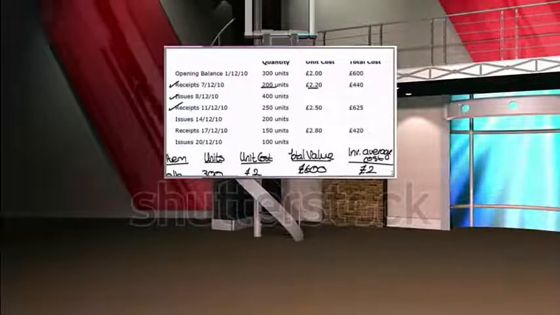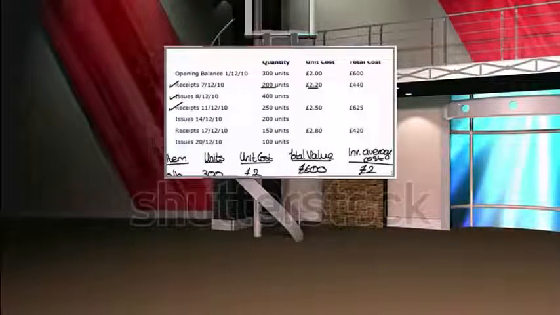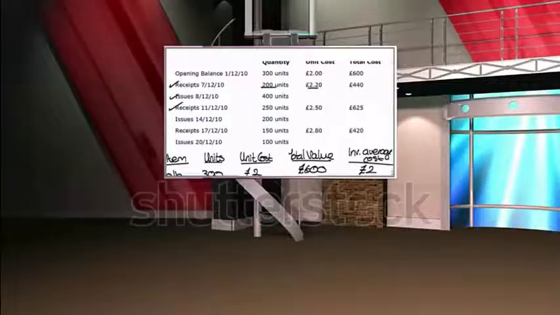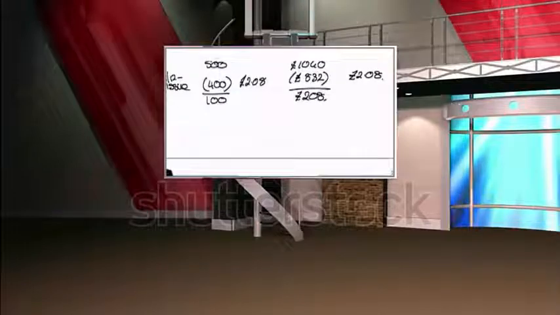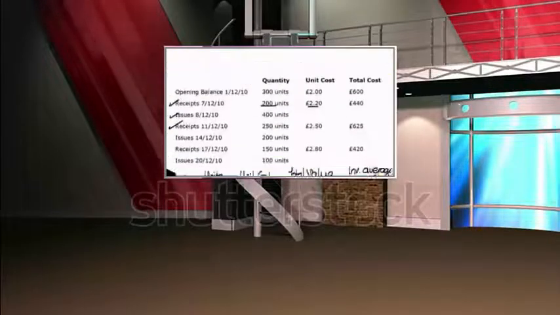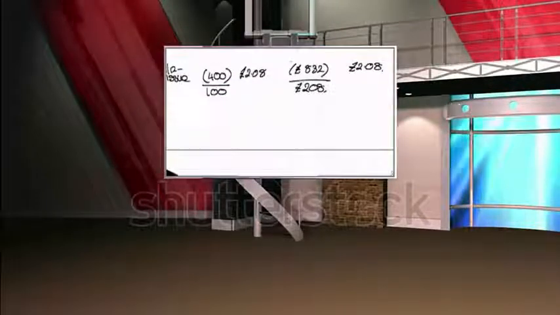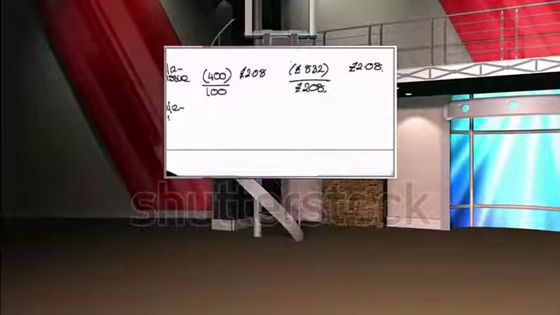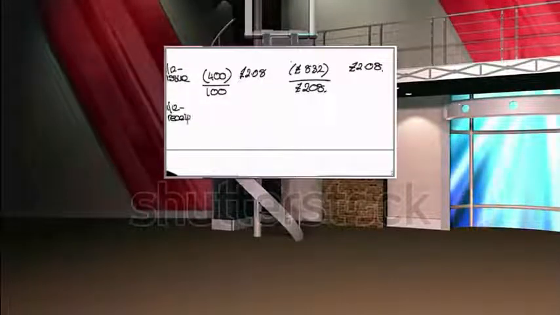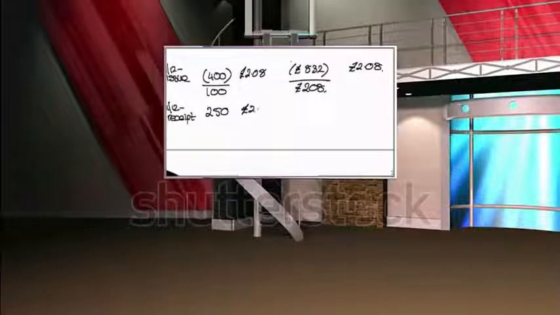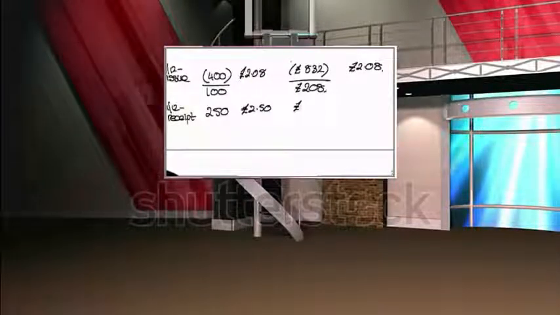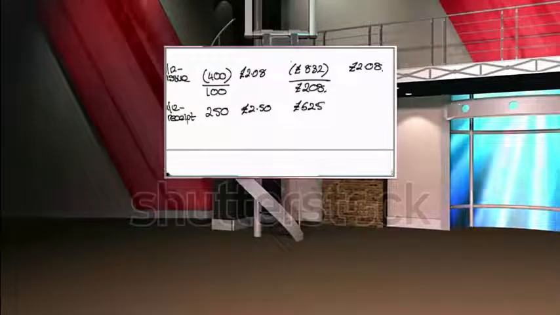Okay, our next item then is a receipt of 250 units on the 11th of December. It's a receipt, so we know after this we will be calculating a new average. So adding our information in, the 11th of December, a receipt, 250 units costing £2.50 each, 625 in total.